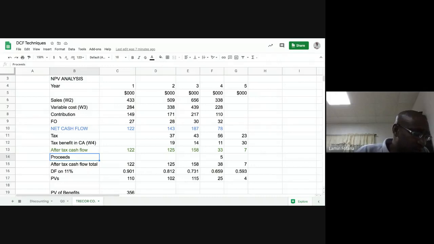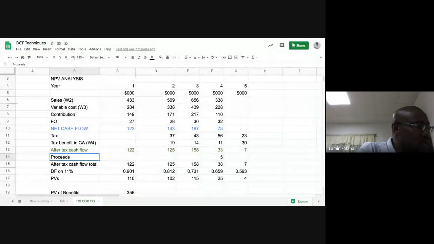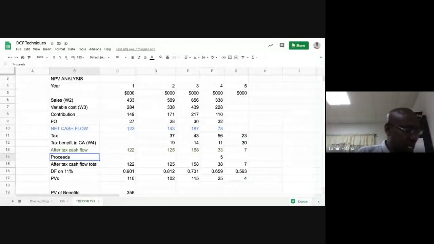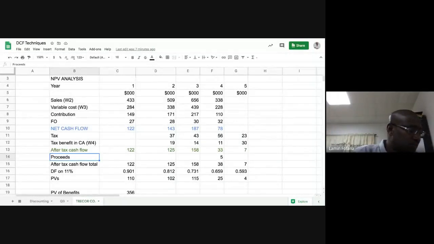So that is the numbers 122, 143, 187, 78. You see the net cash flow before you put any tax in there. Those are the numbers you're going to use, and those will be your income.